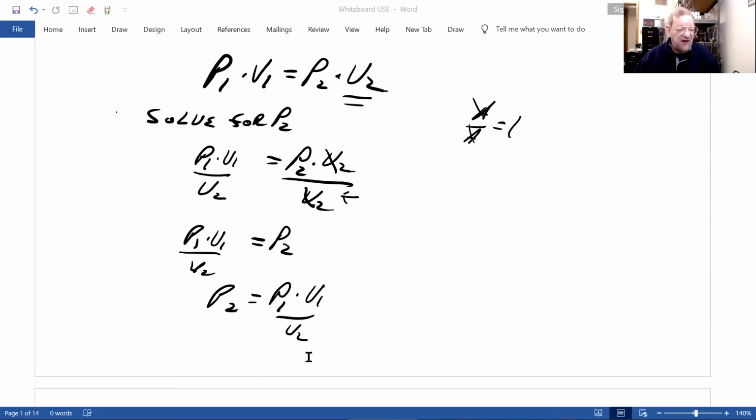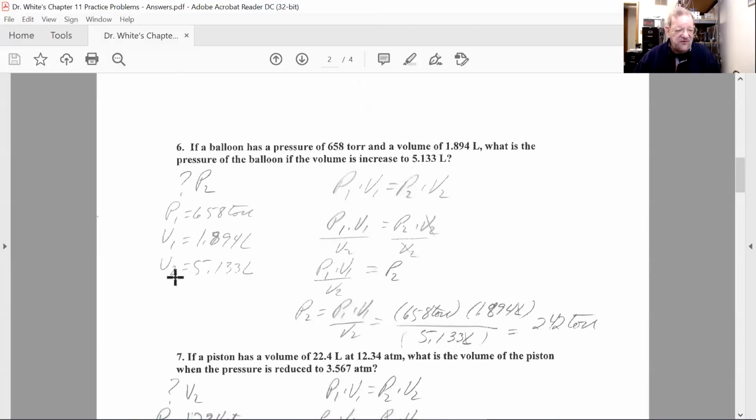And once you've done the hard part and also identified the variables, here we have P2 equals P1 times V1 over V2. I put the numbers in there. Notice this is a multiplication and division. You get the same number of significant figures in your answer as the number you multiply or divide that has the fewest. 3, 4, 4.